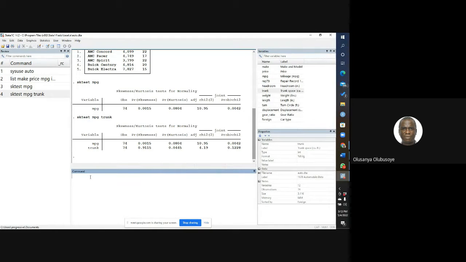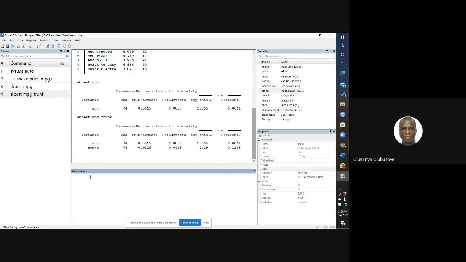The hypothesis we are testing now is the null hypothesis that the variable is normally distributed, and it is the standard hypothesis. I know where you are going, but don't let us go there.